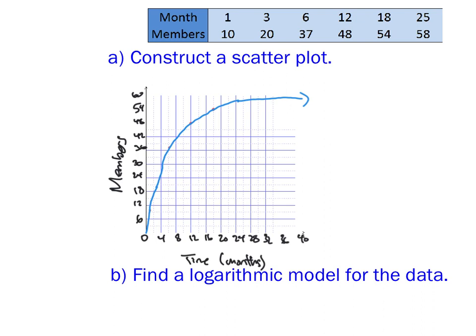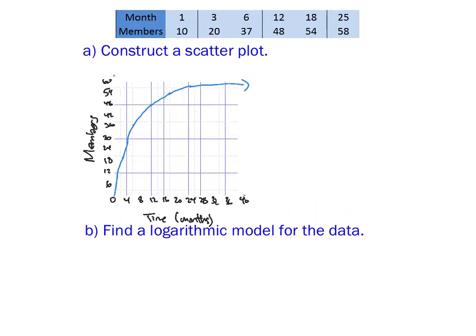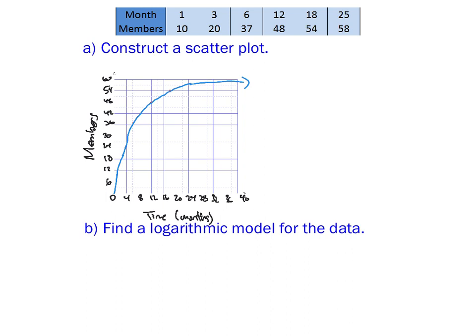So find a logarithmic model for the data. We're going to have to type these numbers into Desmos, and after we do that, we're going to come up with the equation y1 approximately equal to a plus b ln of x1, and that will give us a logarithmic equation that will model the data.